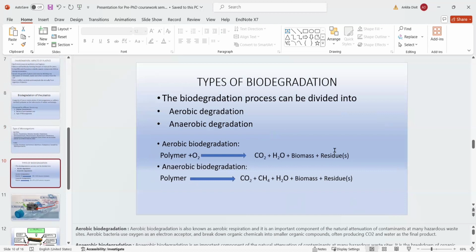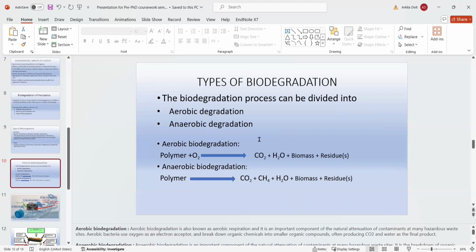So there are two types of biodegradation, as I discussed earlier, that is aerobic biodegradation and anaerobic biodegradation. Aerobic biodegradation, also known as aerobic respiration, is an important component of the natural attenuation of contaminants at many hazardous waste sites.